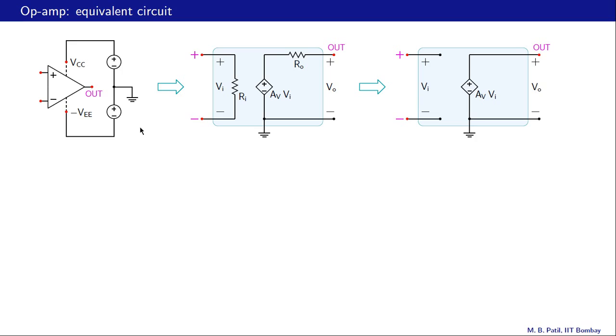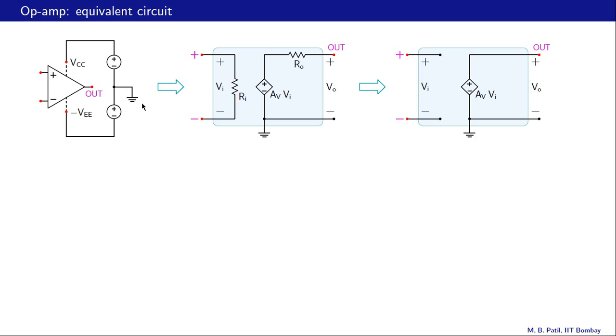In our example, both of these are 10 volts, so this node VCC is at plus 10 volts with respect to ground, and this node minus VEE is at minus 10 volts with respect to the same ground. So that is how the power supply connections are made.